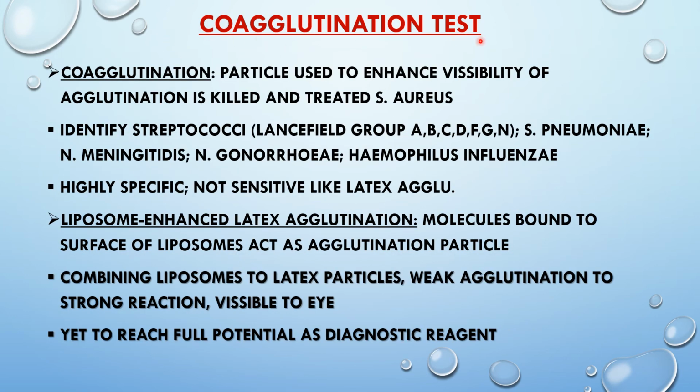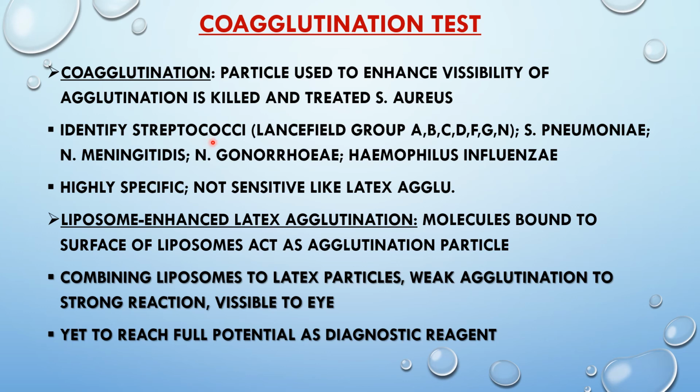Next is the co-agglutination test. What is co-agglutination? The particle used to enhance the visibility of agglutination is killed and treated Staphylococcus aureus. In the latex agglutination test we use latex particles; here we use the killed and treated Staphylococcus aureus Cowan 1 strain.